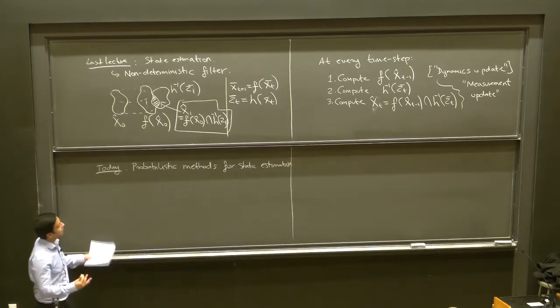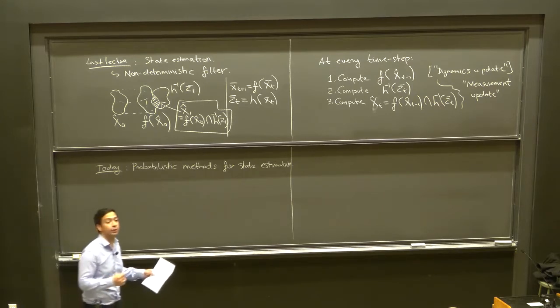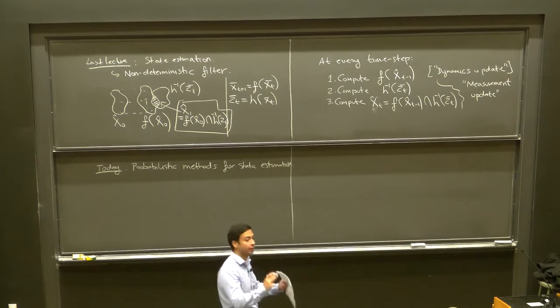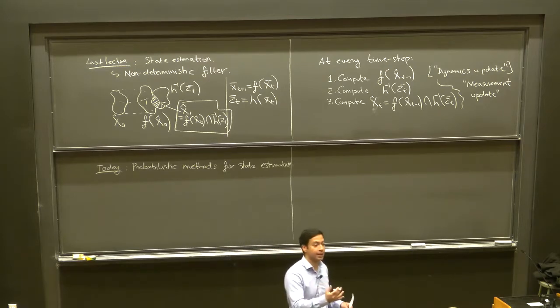These methods are also going to allow us to do things like mapping the robot's environment and localizing and so on. But today we're just going to focus on the problem of estimating the state.